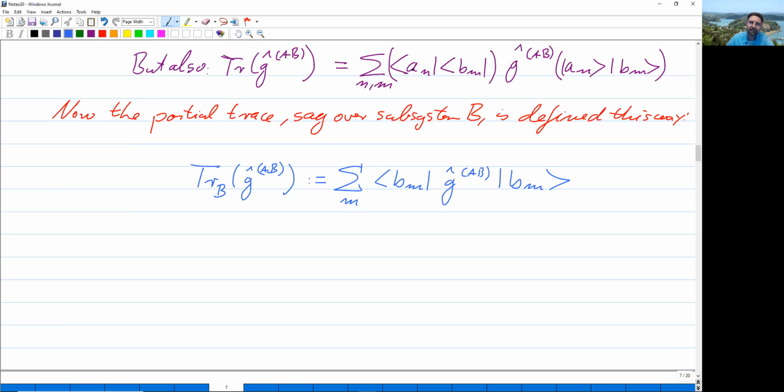We have not formed any scalar products with these ANs. So notice the trace over B of G hat AB is an operator that acts on the Hilbert space A.